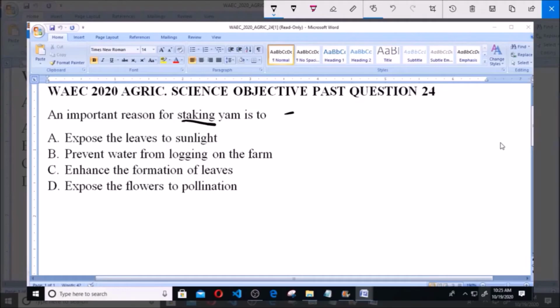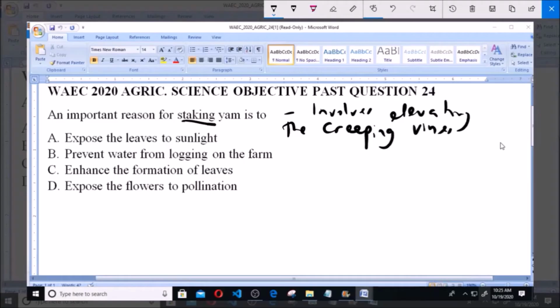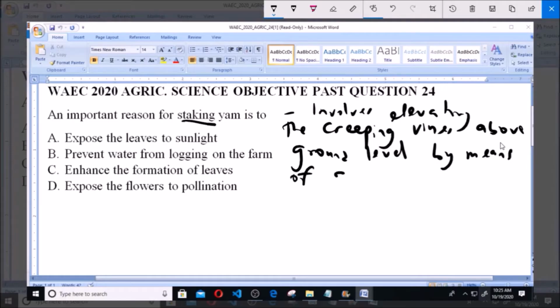So staking is a farm procedure that involves elevating the creeping vines, in this case of yams, above ground level by means of supporting structures. These supporting structures are usually constructed using wood or bamboo or sometimes metal.